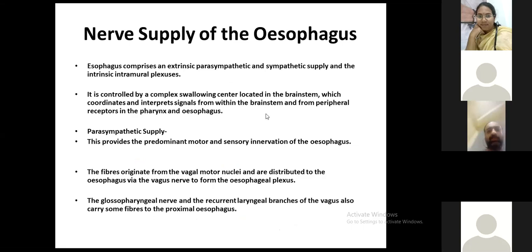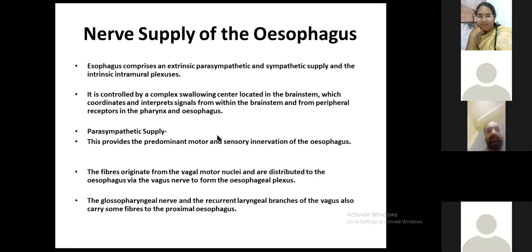This nerve supply is controlled by a complex swallowing center located in the brainstem, which coordinates and interprets the signals arising from the esophagus through local receptors from the pharynx as well as the esophagus.